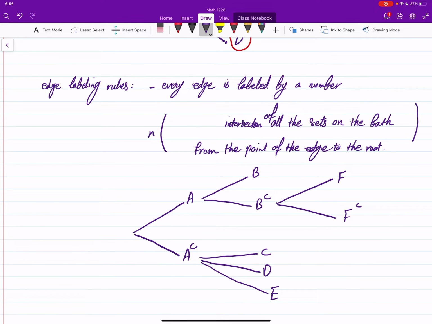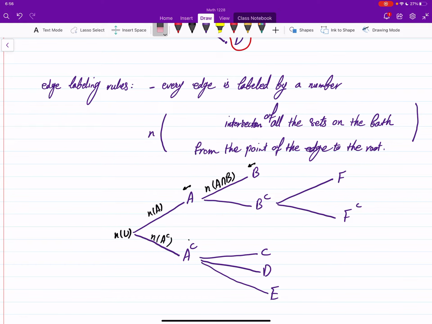Now, for the root, I will use the number of elements in the universal set. For the first edge, I will use N of A, because from the endpoint to the root there's only A. For this edge, I will use N of A complement. For this one, I start from here and go to the root. I saw A and B, so find their intersection, then find the number of elements. That's the label for that edge.